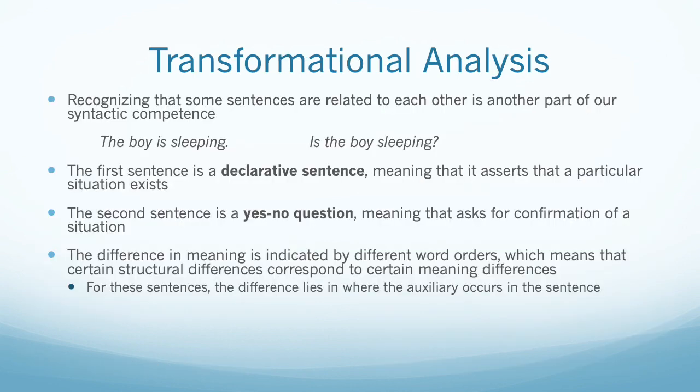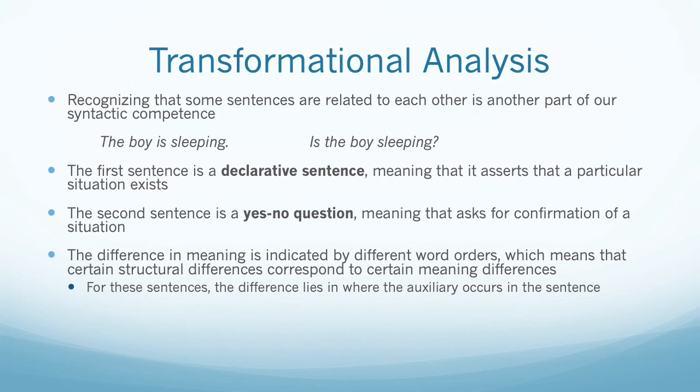These diagrams can also help us understand other things that happen when we speak. Like, how do we move things around in order to get questions or to change something from active to passive? So for example, we could say the boy is sleeping, but if we wanted to ask that, we would say, is the boy sleeping?